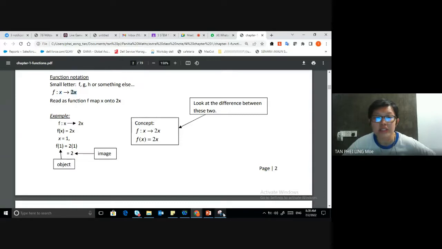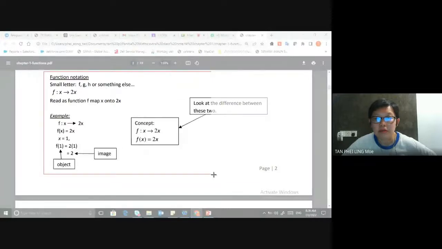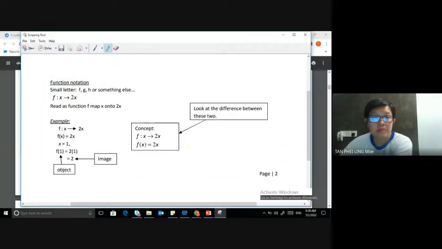The same thing here, you have f(x) = 2x, or you can write it this way. The same thing you can apply if you have g: x → 3x + 1.